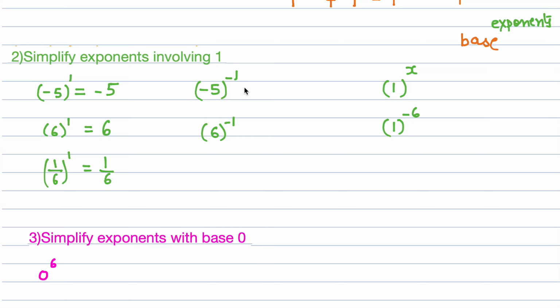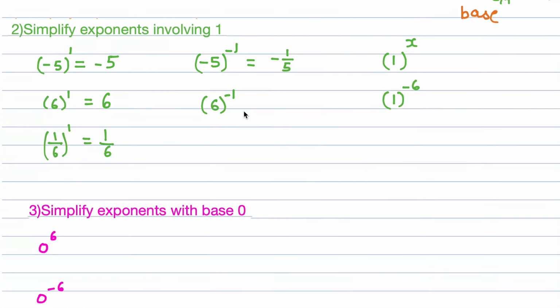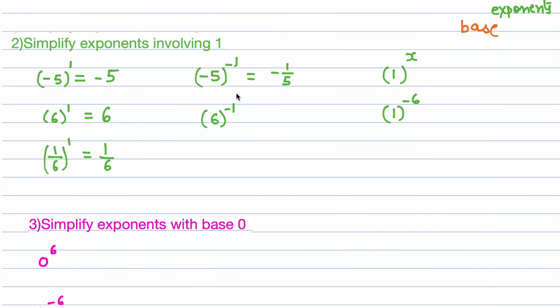Now here we have negative 1, which is a negative exponent. So this is not equal to minus 1. Here first we will apply the reciprocal rule. So that will be negative 1 over 5. Whenever we apply the reciprocal rule, we never change the multiplication sign. For example, here it is negative 5.